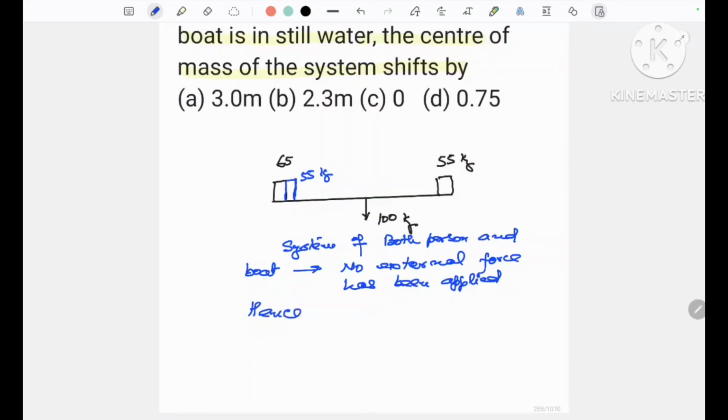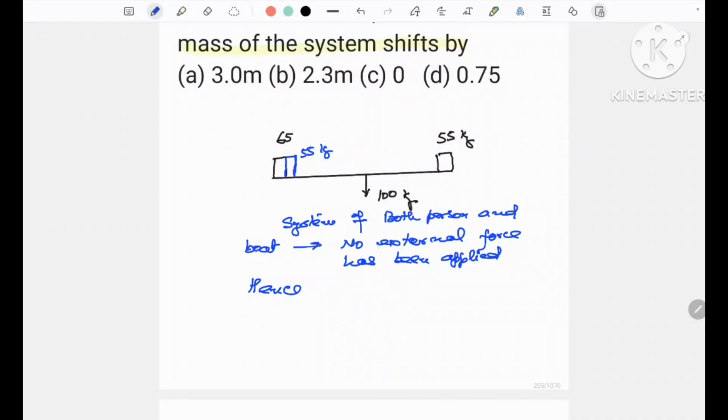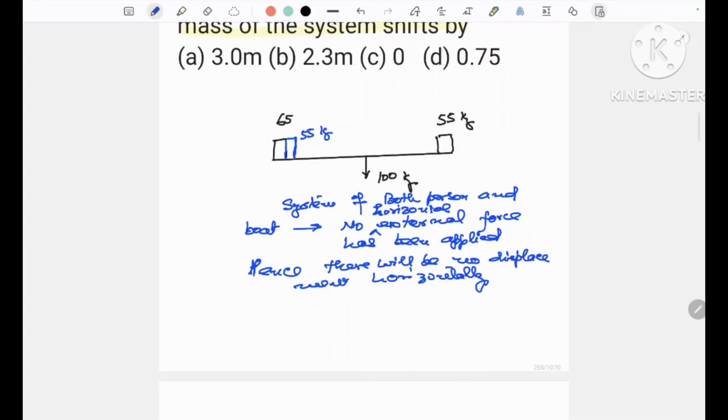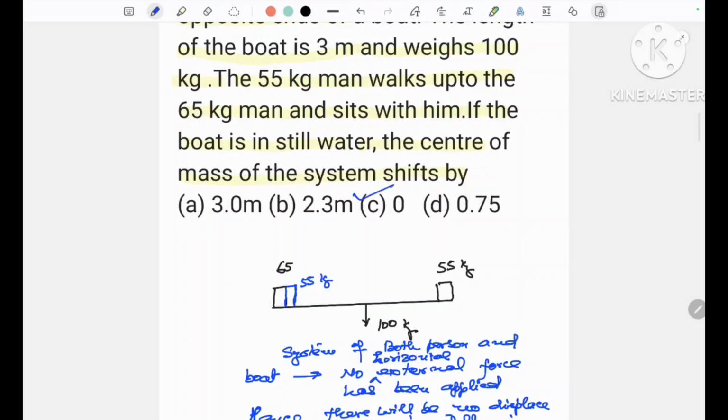Hence, no horizontal external force, hence there will be no displacement horizontally in the center of mass of the system. Hence, C is the correct option.